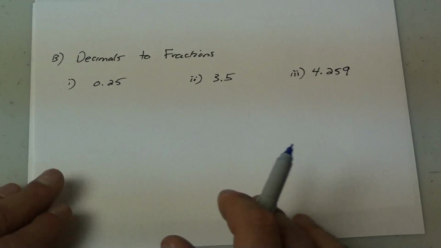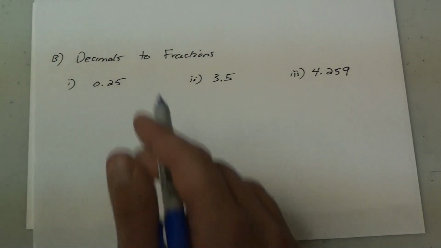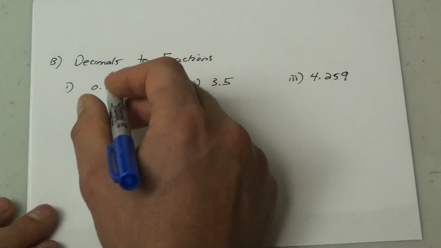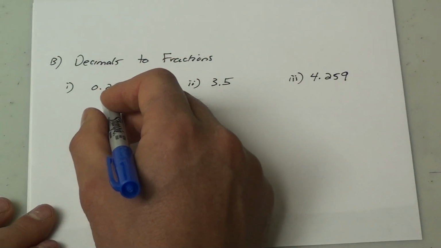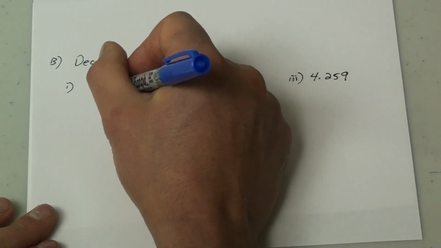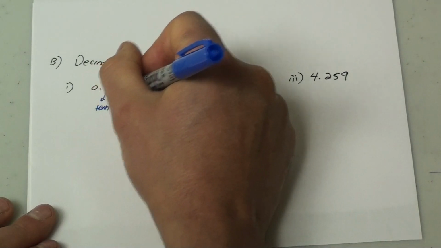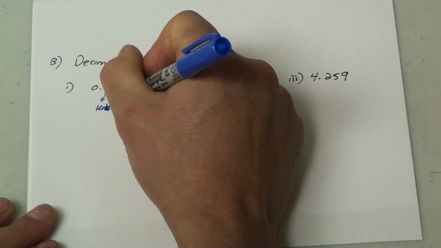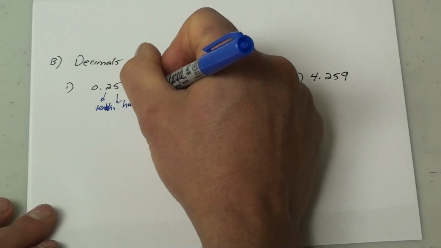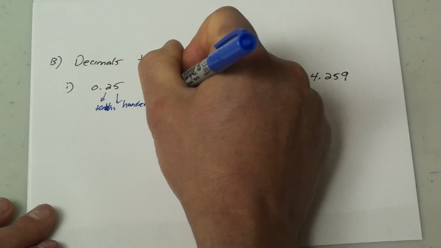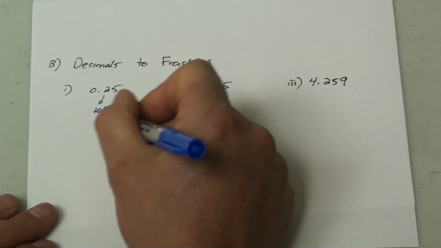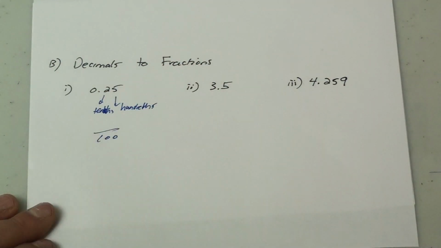Turning decimals into fractions, you have to think how many placeholders have I gone over, okay? So 0.25. This is the tenths, and this one is the hundredths. If I went over into the hundredths, then I can put it over 100 when I want to put it into a fraction.